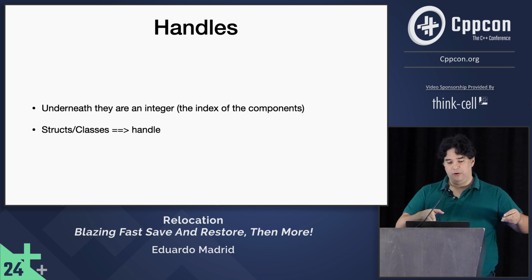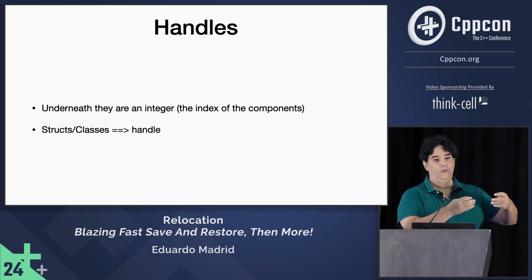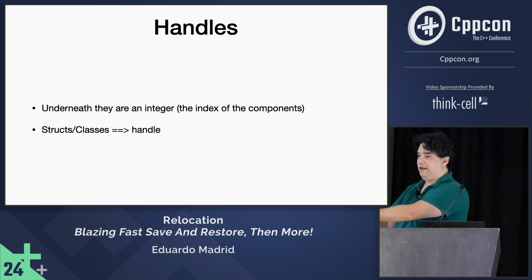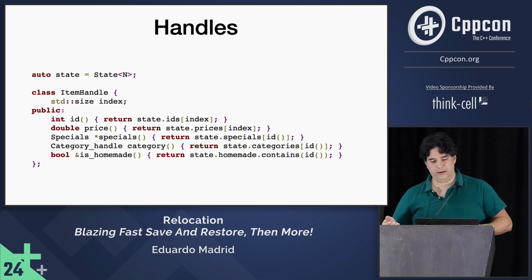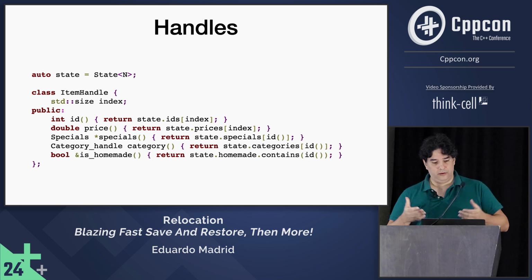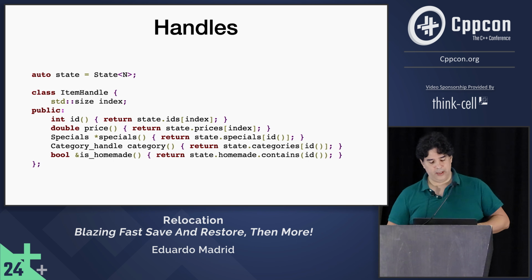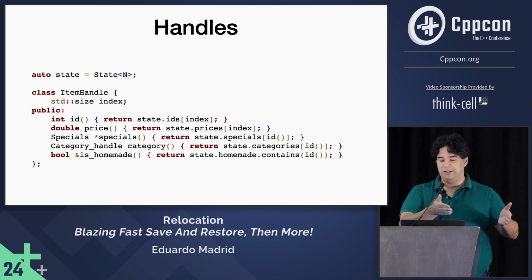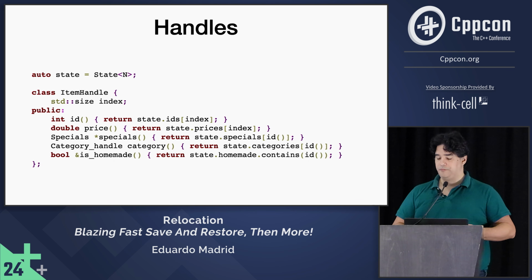And the transformation that we do for the purposes of using our entities is that whenever we used to use structs or classes directly, we're going to be using handles. So this would be the handle for the type of item that we were working with before. And you just convert what used to be data members into accessors. And at this point in time, you decide whether they are modifiable or not.